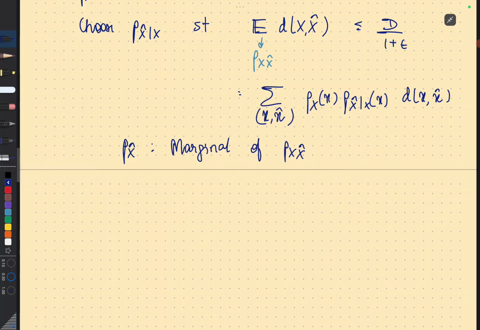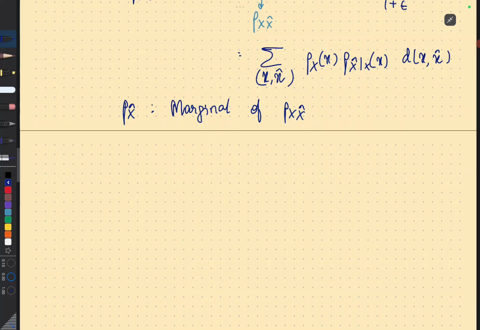The way I'll construct the code book is I'll take 2 to the nR sequences where each component is chosen independently and identically distributed according to P x hat. So I'll choose a code book which is going to be x hat to the n.